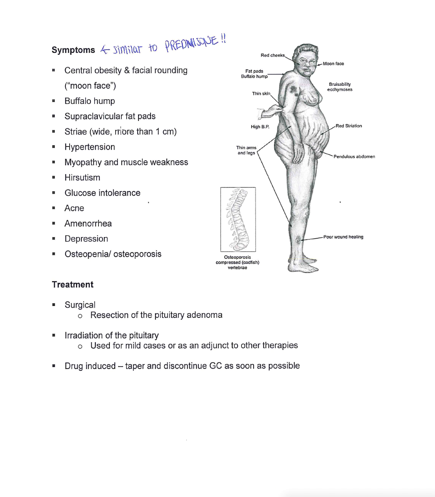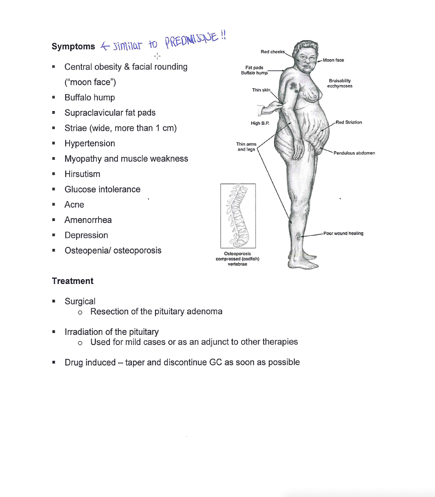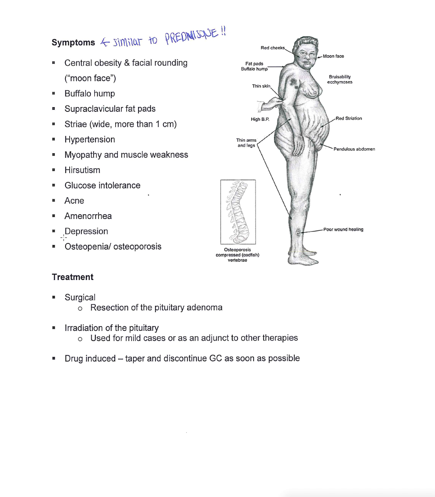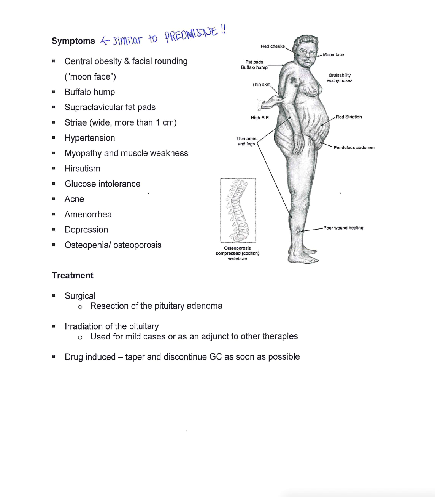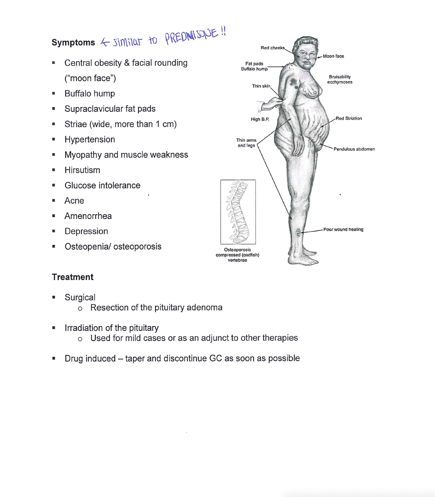All right, symptoms are very similar to the prednisone mnemonic that we just went over on the first page, of course, because it is just too much corticosteroid. So central obesity and facial rounding, we call it moon face, and red cheeks. Those are a hallmark symptom, and buffalo hump and fat pads, and then striae, red and purple stretch marks on the central areas.